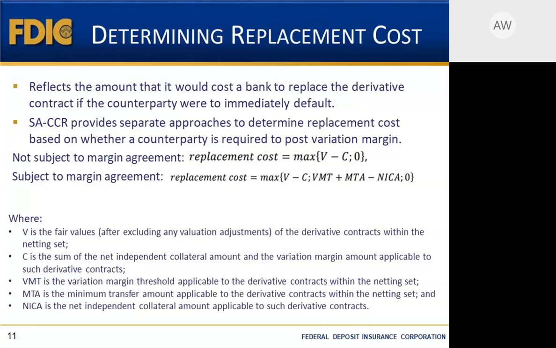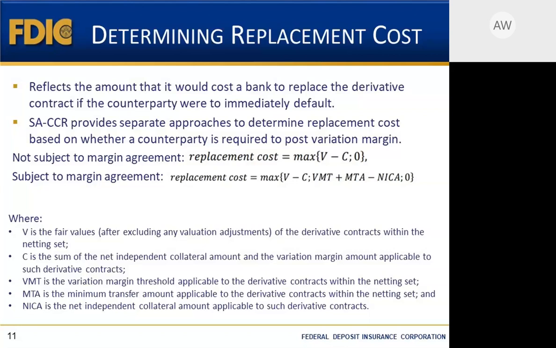In the net asset not subject to variation margin requirements, or where the counterparty of the banking organization is not required to post a variation margin, the replacement cost is the greater of either the sum of the fair value of the derivative contracts within the net asset less the net independent collateral amount applicable to the derivative contract, or zero.